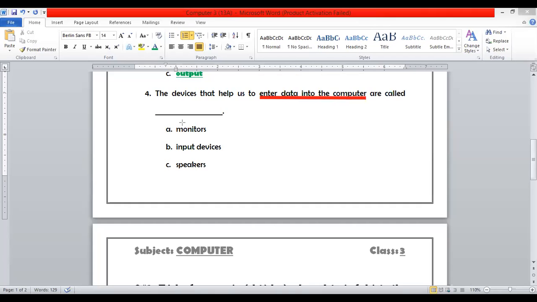Through monitor, we can enter data into the computer. No. So you are saying that we can enter data into the computer through the monitor. You are saying input device, okay. Now you pick the correct one.